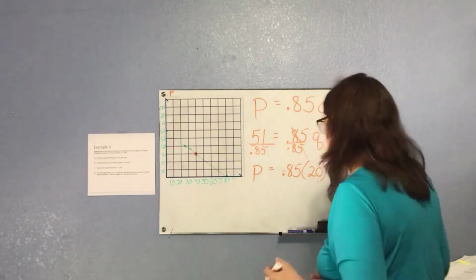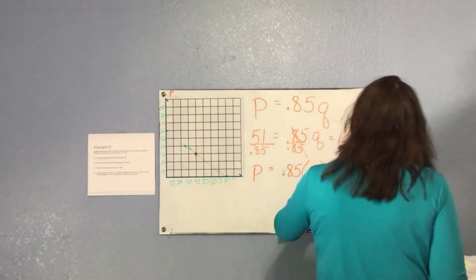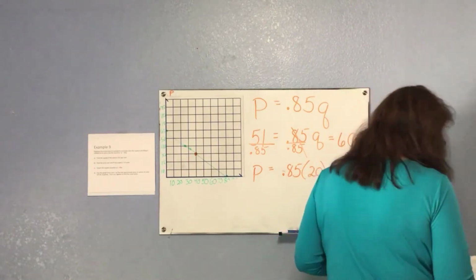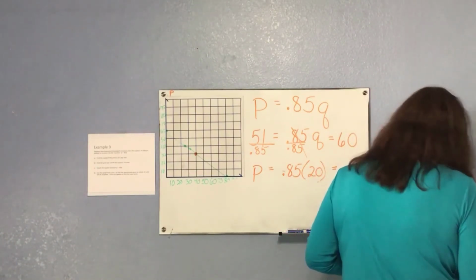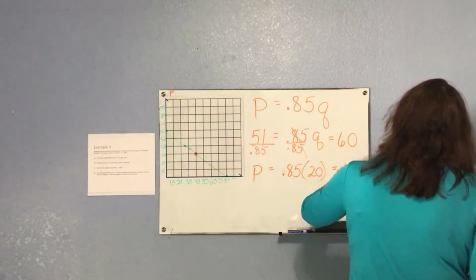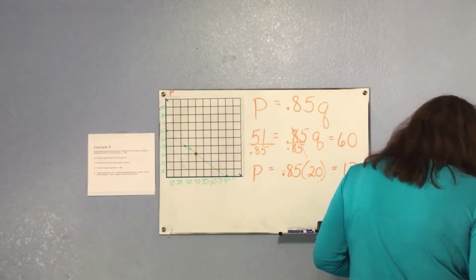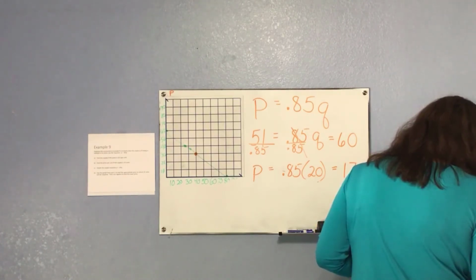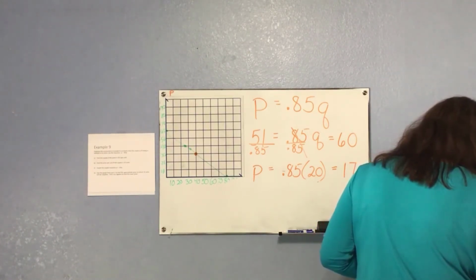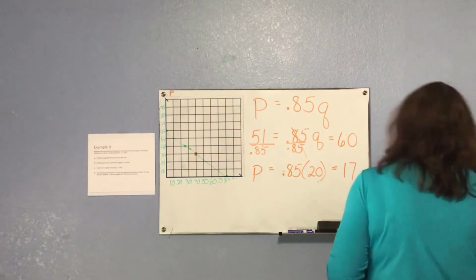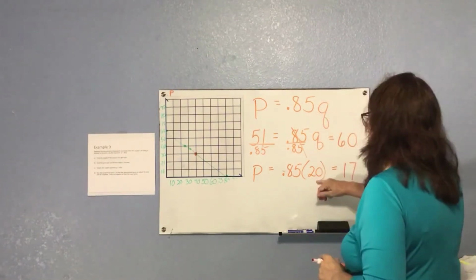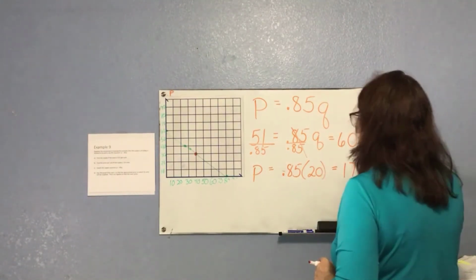That it would go up. Okay, so 0.85 times 20 gives me 17. So if the supply is 20, the price is only 17.